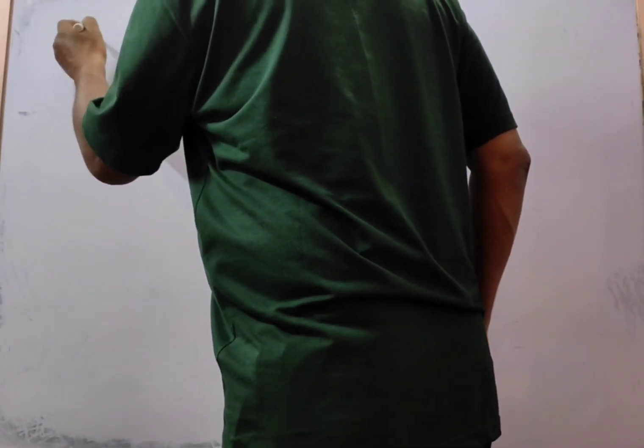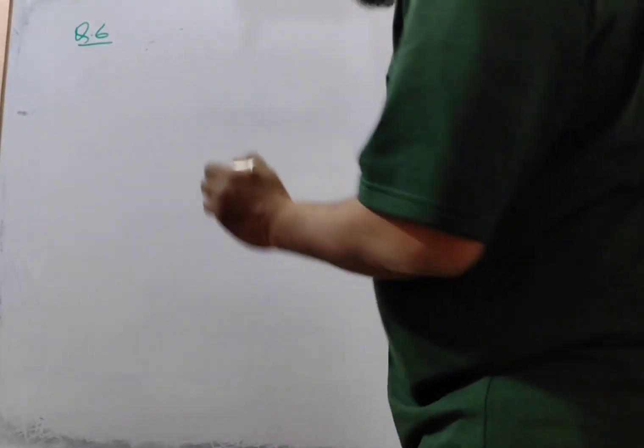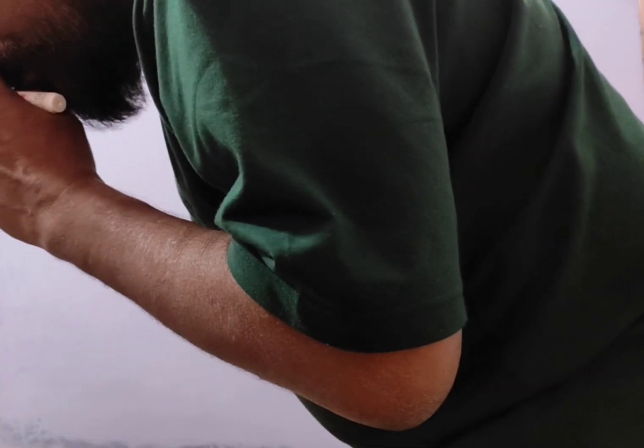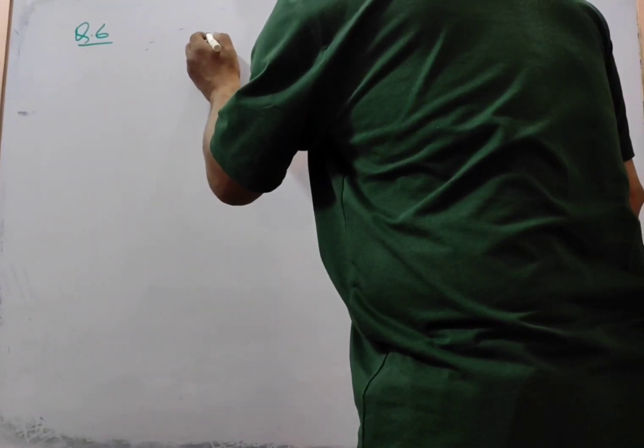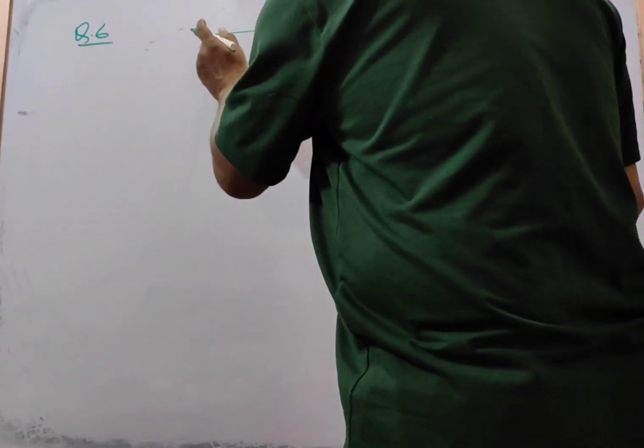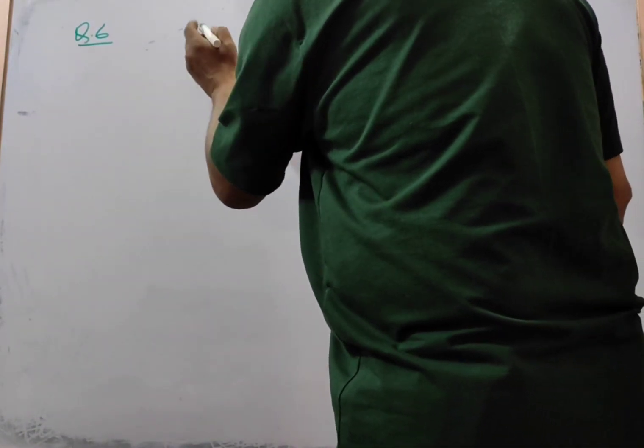So this is question number 6. There is a rectangle, it is basically a trapezium.